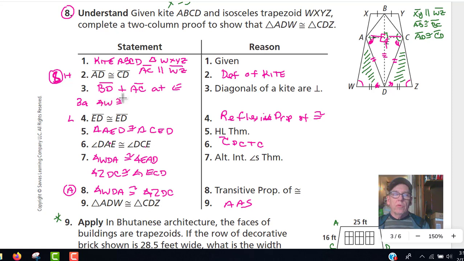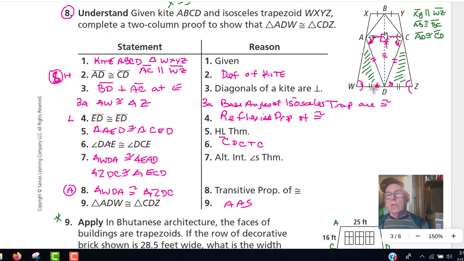Angle W congruent to angle Z, and this would be base angles of isosceles trapezoid are congruent. So that's how we get those, and that gives us angle, angle, side. Okay, so we got that proof done.